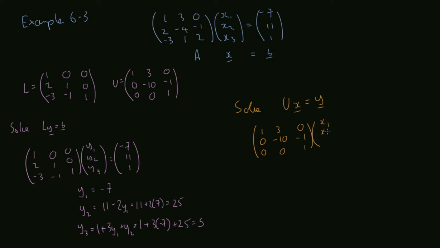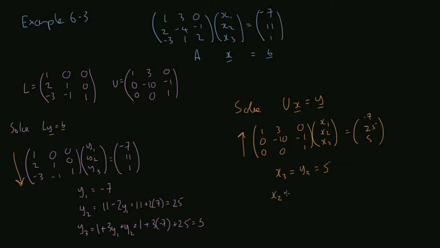Our unknowns are x, and our y values are what we just calculated: -7, 25, and 5. We did the y values using forward substitution. We're going to calculate the x values using back substitution. So 1 times x3 is equal to 5, so that's quite easy. Actually I should have said that's equal to y3, it's equal to 5.